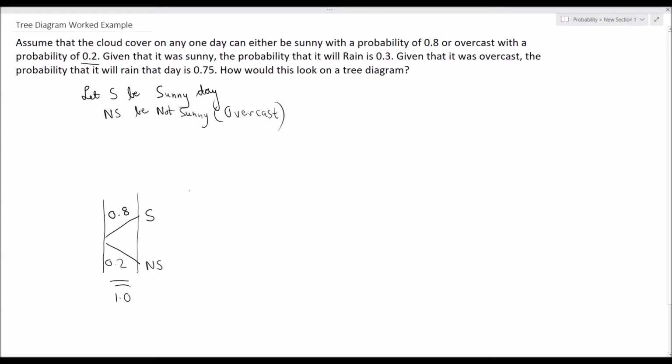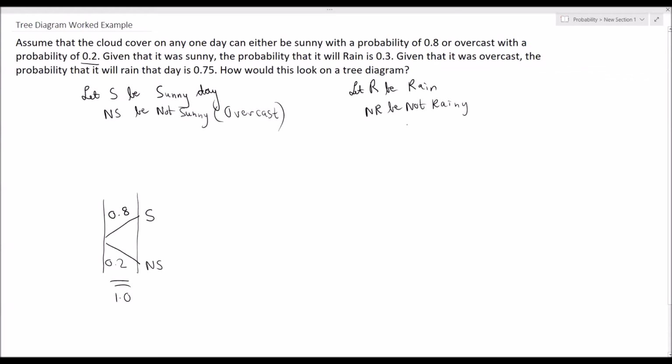So now that we have our sunny and not sunny days, let's look at the weather forecast for the rain, given that it was either one of these days. We're told that given that it was sunny, the probability that it will rain is 0.3. So we'll use the notation that we let R be rain, and for the sake of convenience, we let NR be not raining.